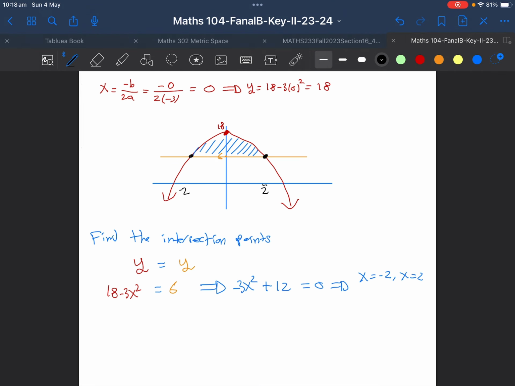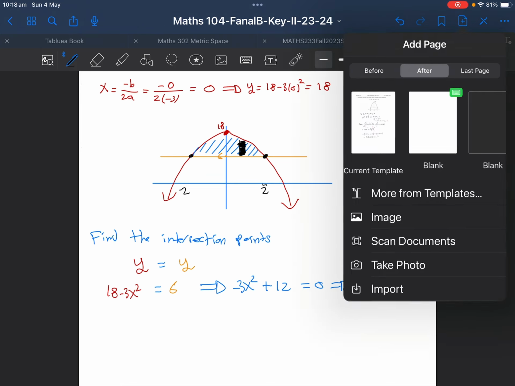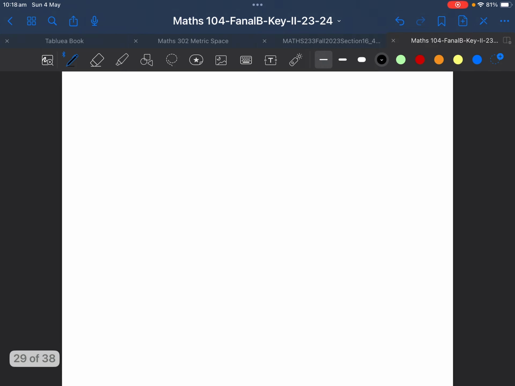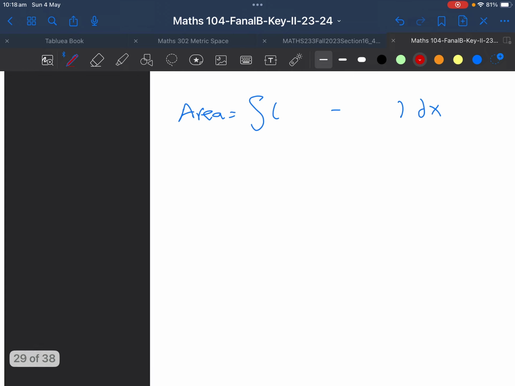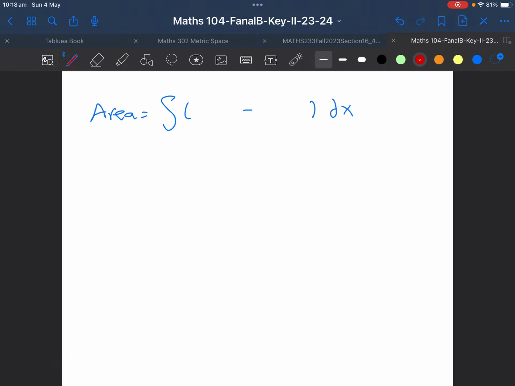So far, everything is clear. All you need to do now is to find what is the top and what is the bottom if you put a rectangle in the middle. So I'll put a rectangle in the middle and find the top and the bottom. So the area equals the integral of dx. Now, if you look at this graph, we can see that the top function is always the red one, and the bottom is the orange one.